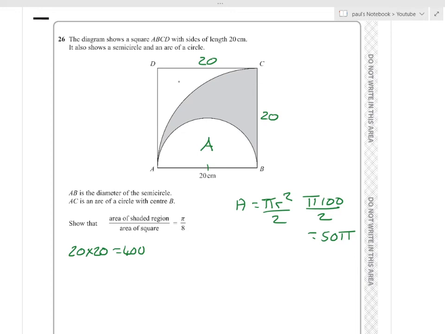Now this bit here, B, this is more involved, so B is pi r squared divided by 4, which actually, that isn't B, that's all of this, yeah, I'll call that, yeah, which is, what's the radius of that big thing there? 20, isn't it? So this is 400 pi divided by 4, which equals 100 pi.